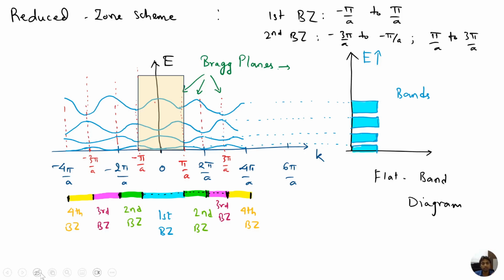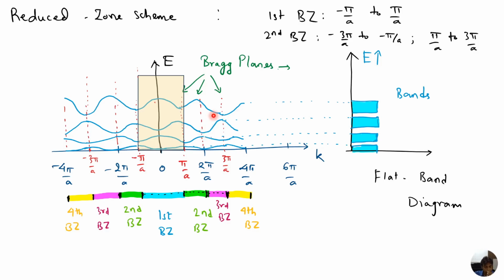If you move towards the right and cross exactly one Bragg plane, you reach this green region. If you cross two Bragg planes, you reach this pink region, which is your third Brillouin zone.